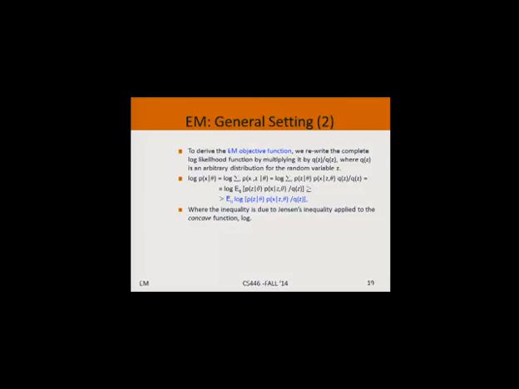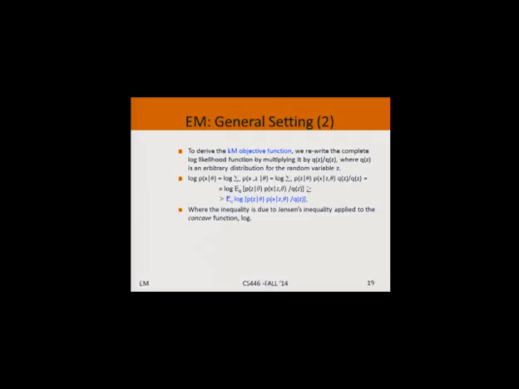Basically, the way we're going to do it here, and it's not the only way to do it, is we're first going to multiply it by qz over qz, which is 1, where qz is just an arbitrary distribution over the random variable z. So I'm writing again p of x given theta, this is the stuff I want to maximize, marginalizing it. And here I'm writing it as we did before, p of z given theta, p of x given z and theta, times qz over qz.